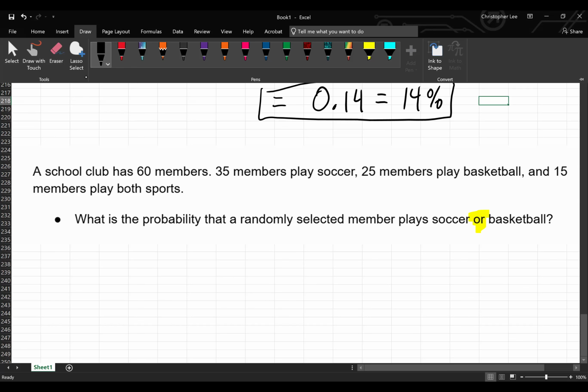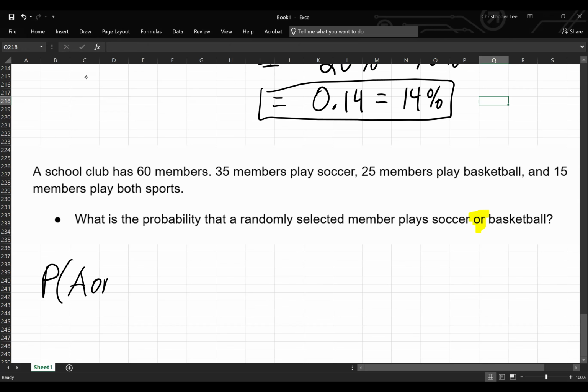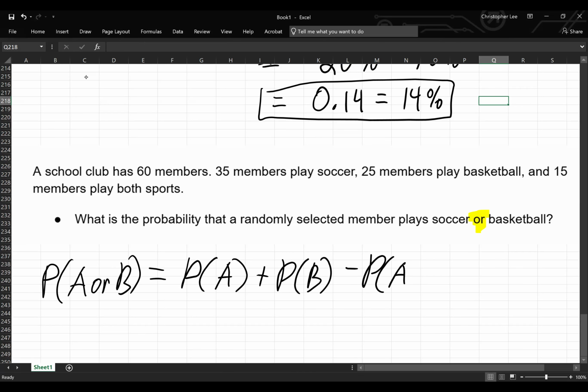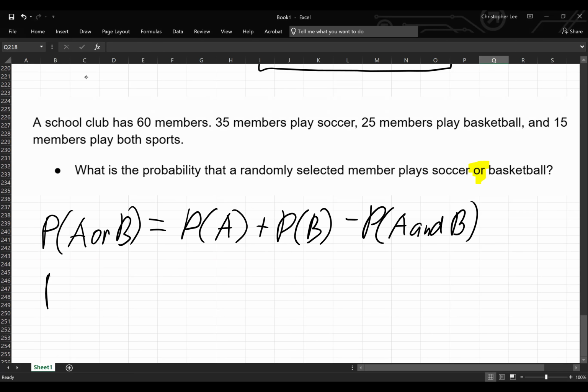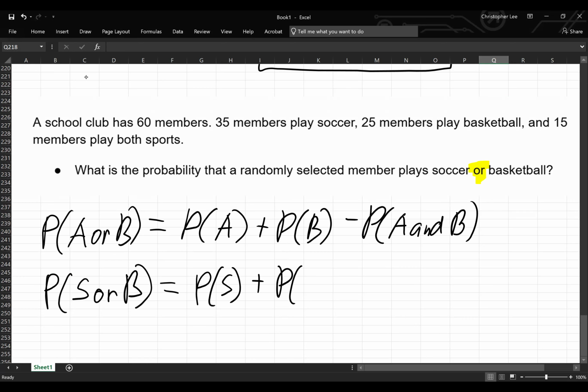This is probability of A or B is equal to probability of A plus probability of B minus probability of A and B. This is gonna become probability of soccer or basketball. So this is gonna be what? Probability of soccer plus probability of basketball minus probability of both of them.